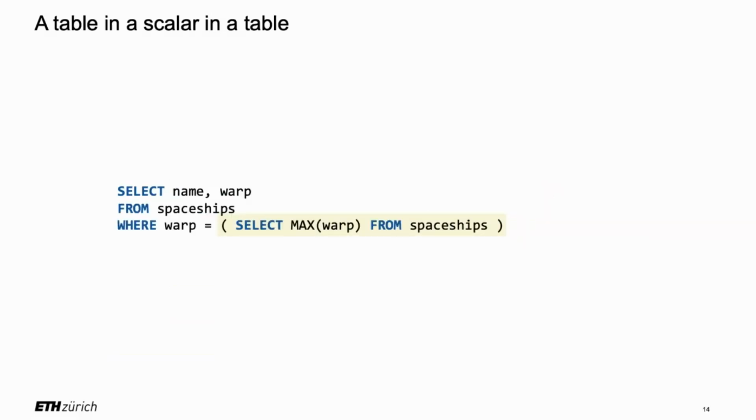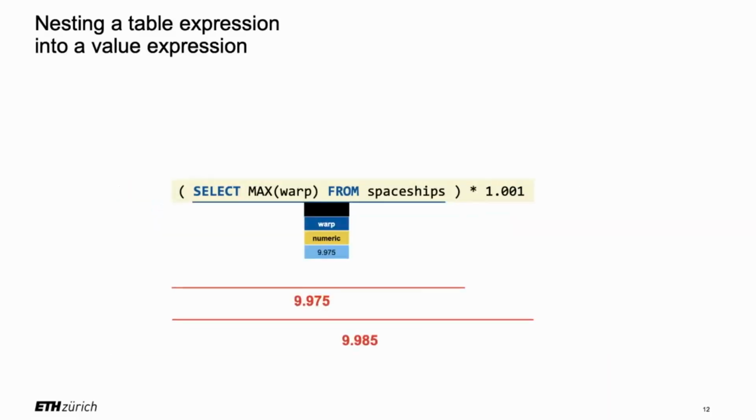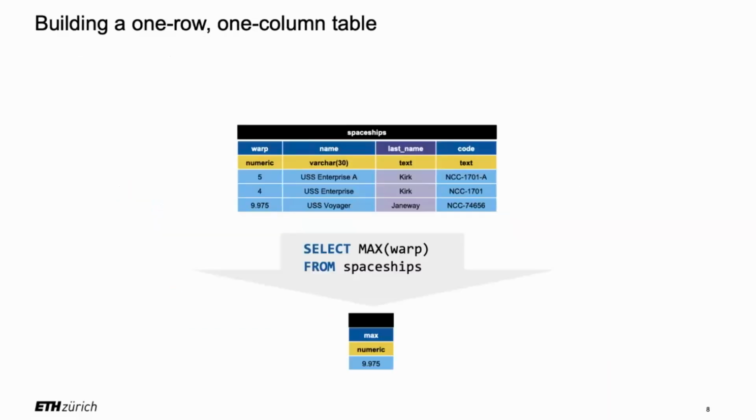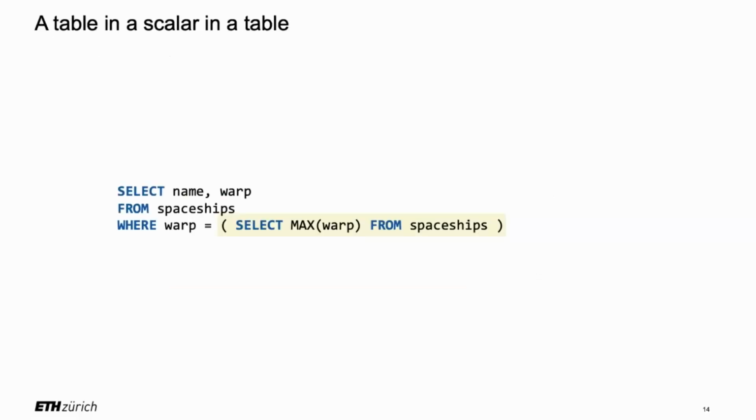Okay. So here's another example where you see that you have a query that returns a single column and a single row. So again, for those who are on Zoom, this is the query that just takes a max and only that. So it returns a table with just one row, just one column. And so you are allowed to put it inside a where clause, for example, where warp equals, so you could put a constant in there, right?